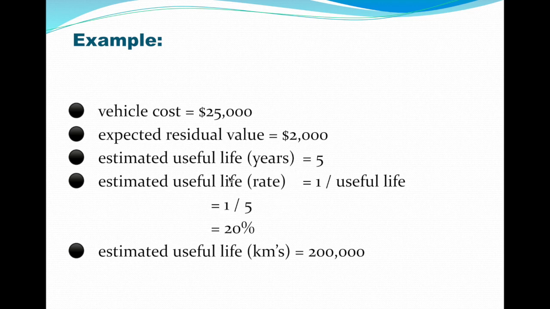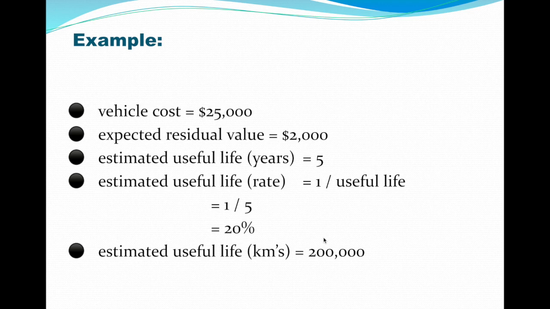So the way this works is you take the estimated life and turn it into a fraction. So for example, if we believe that the estimated life is 5 years, we divide that, 1 divided by 5 is 20%. So you just convert this into a rate such that the useful life is used up at the end of 5 years.